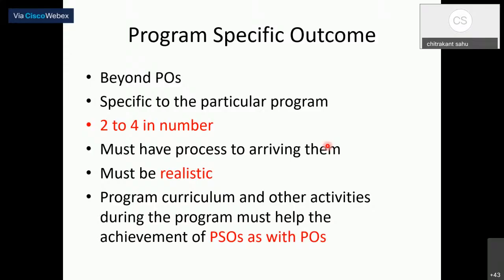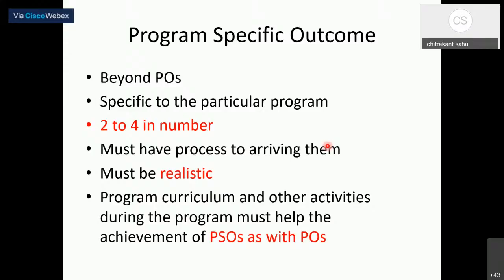All those things need to be monitored and recorded, so that you come to the conclusion that this is the program specific outcome for an engineering program. The program curriculum and other activities during the program must help the achievement of POs. So ultimately, they are correlating with the curriculum.